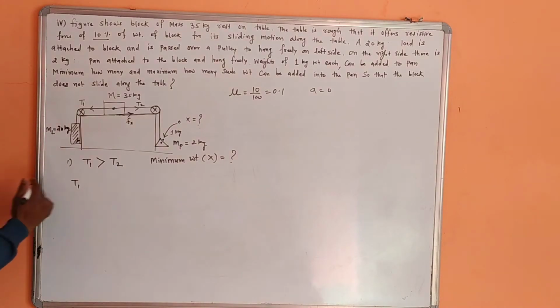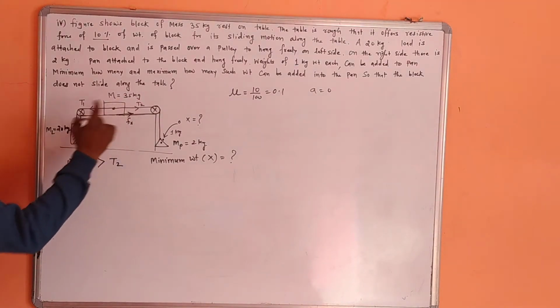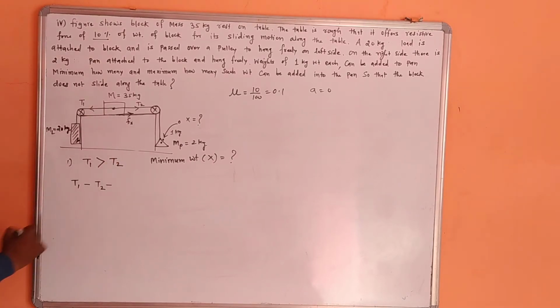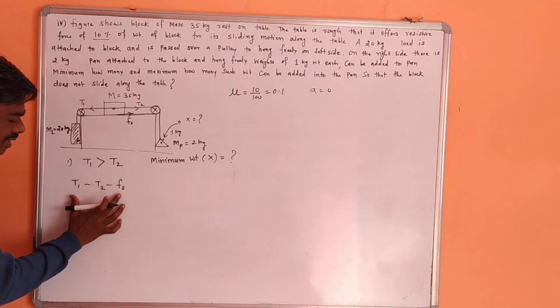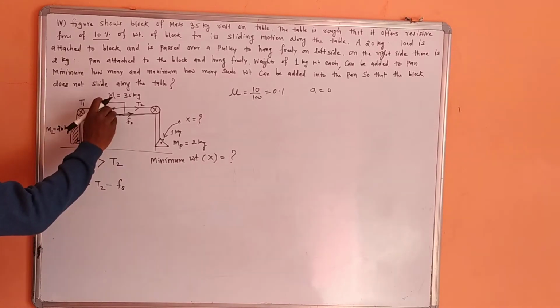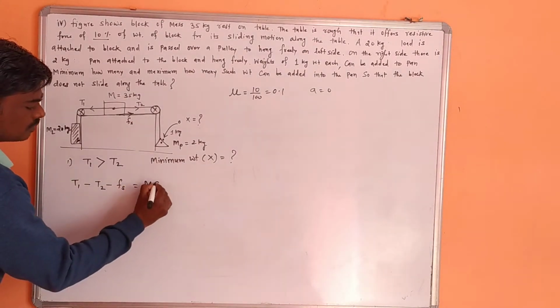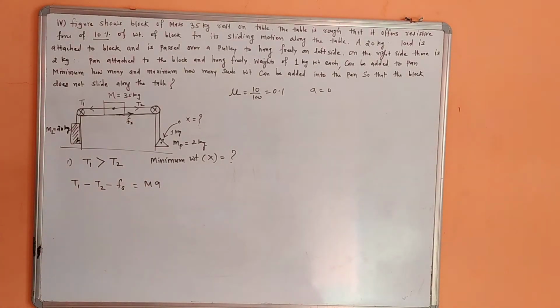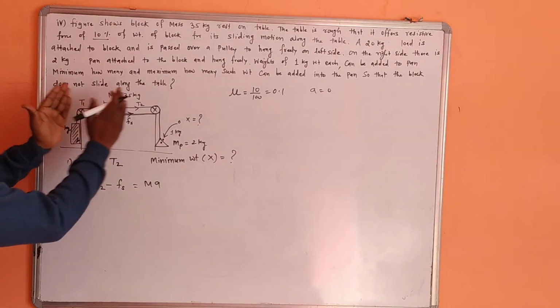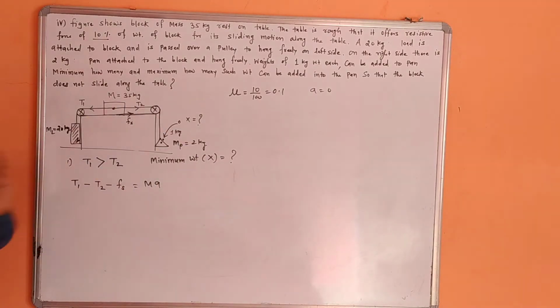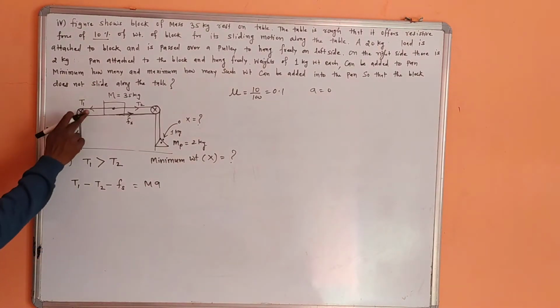T1, the dragging tension, minus T2, which is opposite to T1, therefore minus T2. Again the frictional force is opposite, minus Fs, and this gives the resultant force acting on this mass which will create acceleration, and it is nothing but ma. This is the resultant force. These two forces in newtons are subtracted to give the resultant force ma. Now substitute the values by seeing this diagram.